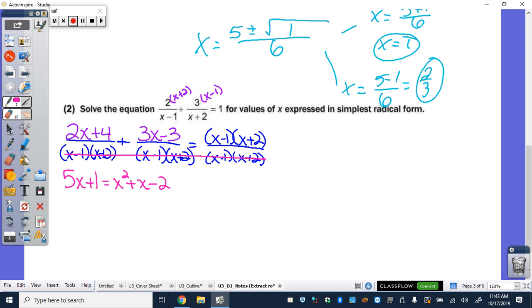Other side, when I multiply it out, I get x squared plus 1x minus 2. So subtract my 5x over, subtract my 1. And we get the trinomial x squared minus 4x minus 3. So go ahead, plug that into your quadratic formula. It's not actually factorable, because if the 3 were positive, you could factor it. But 3 not being positive, not factorable.